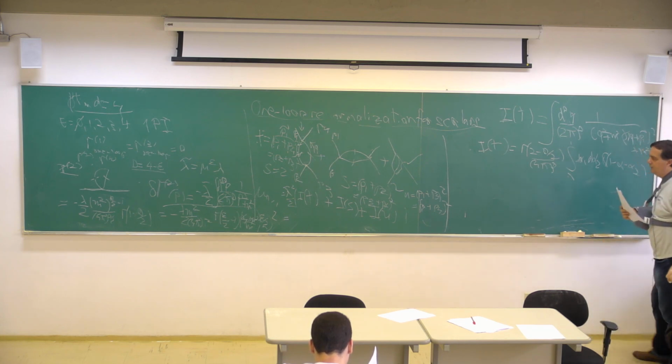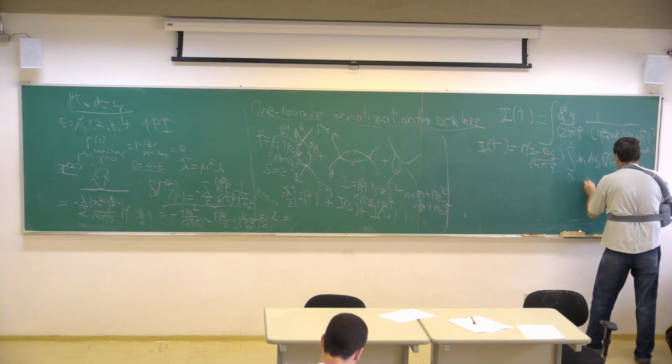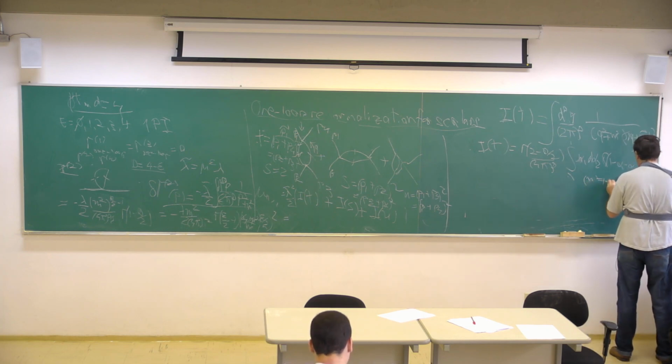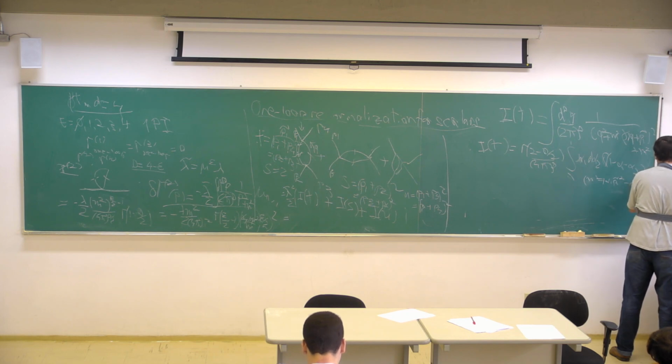That was the constraint, that the sum of all the alphas is 1. And then we had m squared plus alpha 1 p1 tilde squared minus alpha 1 squared p1 tilde squared, to the power d over 2 minus 2.